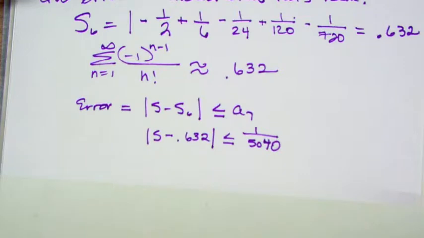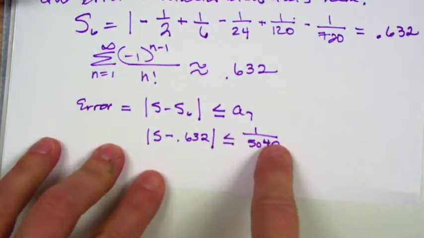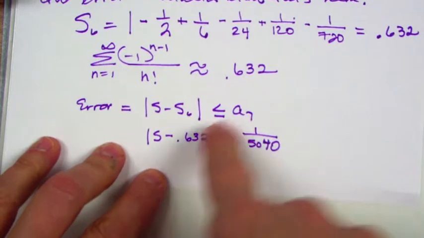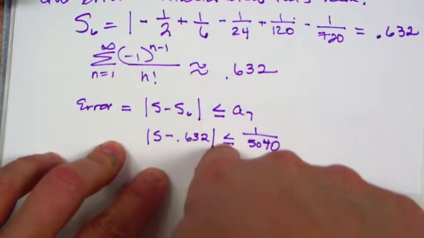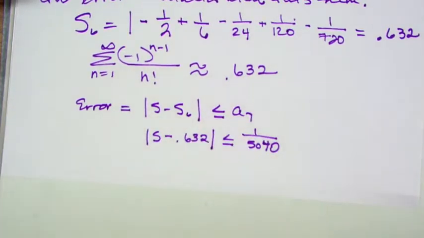So you can see a 6th partial sum got me really close. And then I could find out that range of where the sum is, right? I can take that fraction and add it to 0.632. I can take that fraction and subtract it from 0.632. And I now have a range of values that my sum must be in.